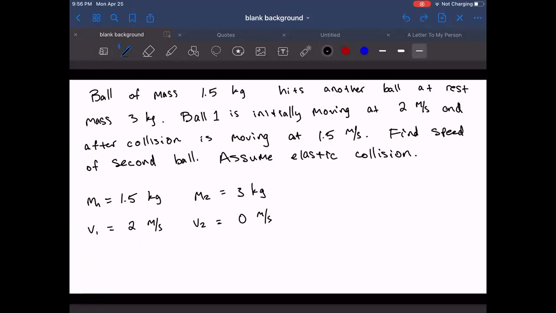What else should I write down? Okay. So you have your masses and your initial velocities. So you have the final velocity for ball one, which is 1.5 meters per second. What do I call that? VF prime.